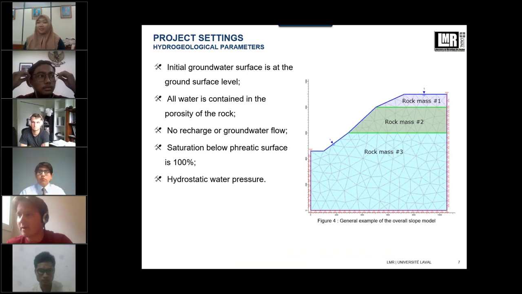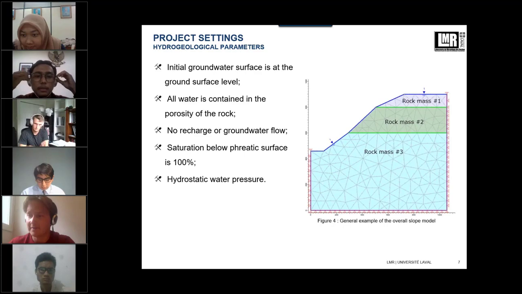About the hydrogeological parameters, most of the information was also given by the ARMA design team. The initial groundwater level is at the surface and there is no recharge nor groundwater flow. All the water is contained in the porosity of the rock and the saturation below the phreatic surface is 100%. The water pressure below the phreatic surface is considered hydrostatic, which means that the water pressure increases as the depth increases.